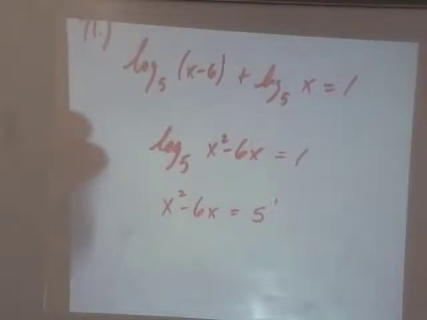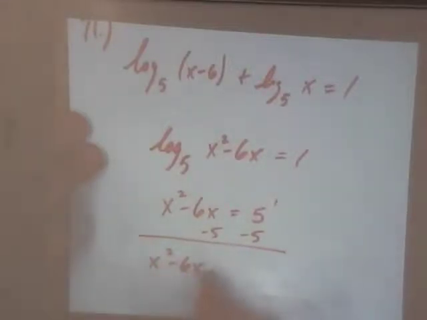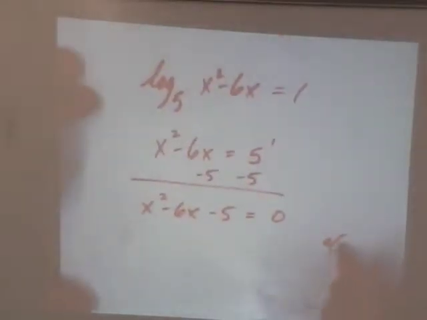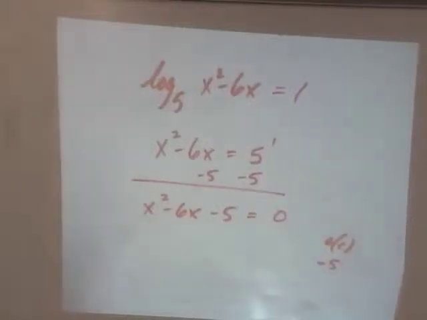It's a quadratic, so I'm going to set it equal to 0. Minus 5 to both sides. So it'll be x squared minus 6x minus 5 equals 0. Hopefully we can factor this. A times c is negative 5. 2 numbers multiplied to negative 5, but add up to negative 6. Negative 6 and 1. Another 5.